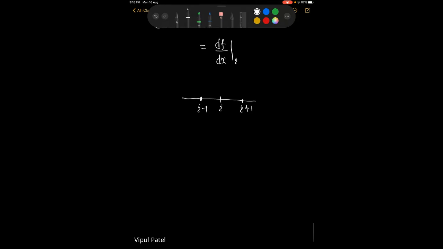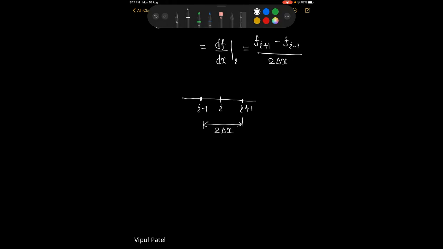Then your final formulation was that this can be expressed as f at I plus 1 minus f at I minus 1 divided by 2 delta x, because the distance between I plus 1 and I minus 1 is nothing but 2 delta x. So this was the formulation which we have studied, right?